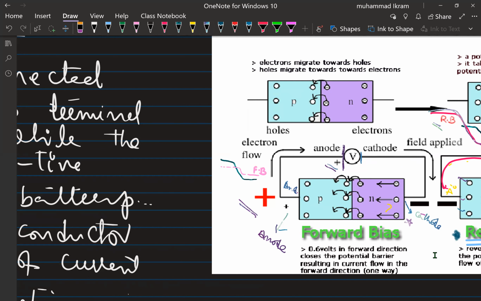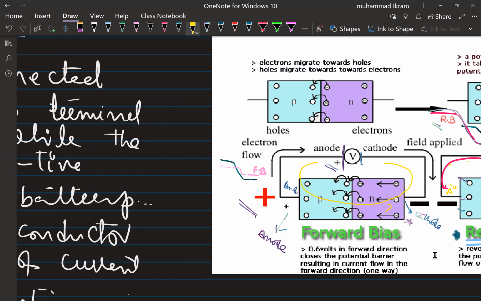In this case, the diode acts as a conductor and allows the flow of current.